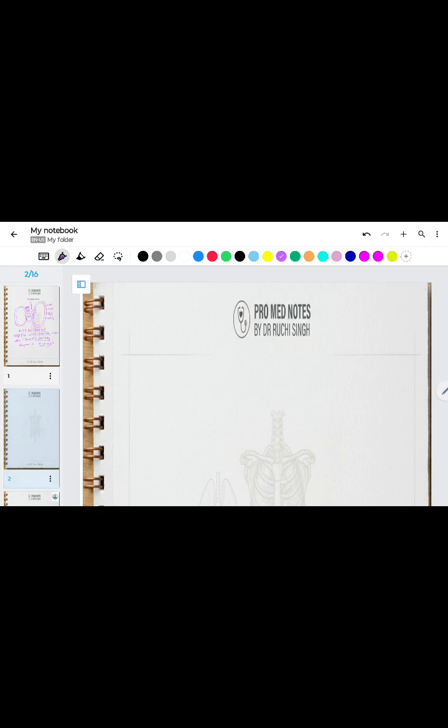Then we will study borders of the pleura. Borders of pleura and borders of lung. Okay. So how will we do the marking of the lung?